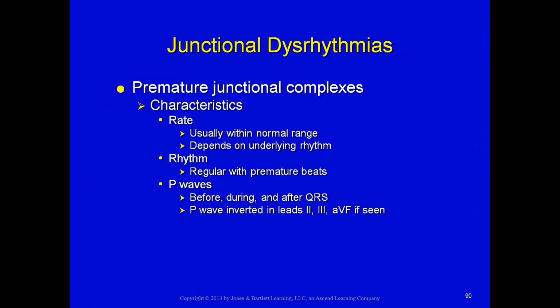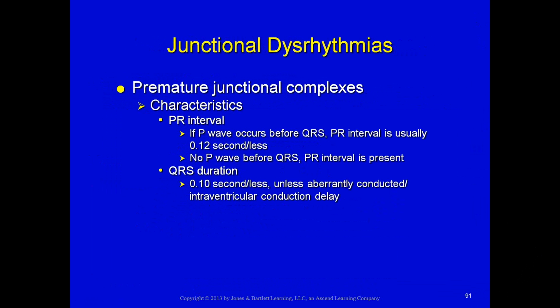The rhythm is regular with these premature beats. The underlying rhythm is regular, but it includes these premature beats. There is a P wave before, during, or after the QRS, and it's inverted, or it's absent. If there's a P wave before the QRS, the PR interval is usually narrow.